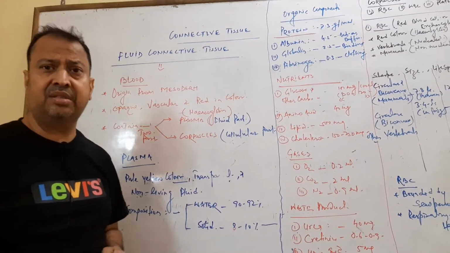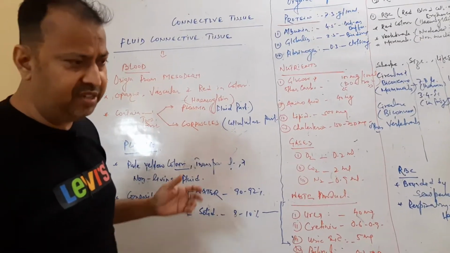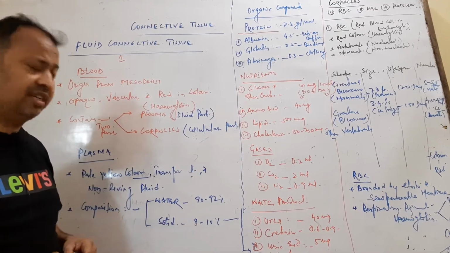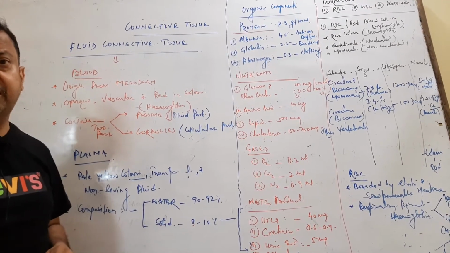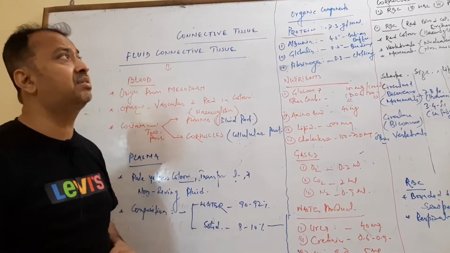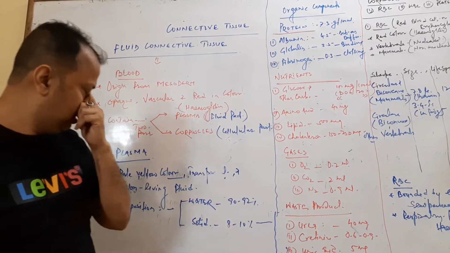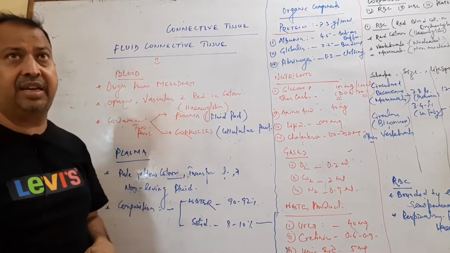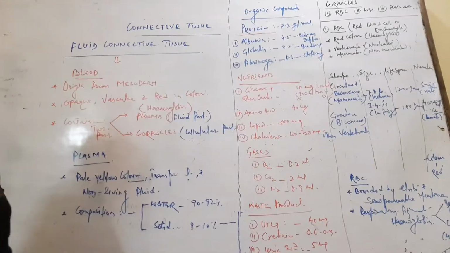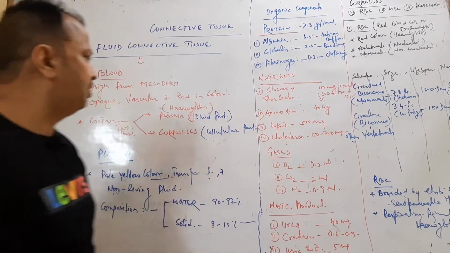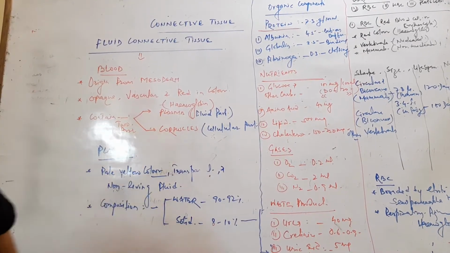In organic substances mainly carbohydrates, proteins, fats, vitamins etc. are present, and in inorganic substances electrolytes are present.